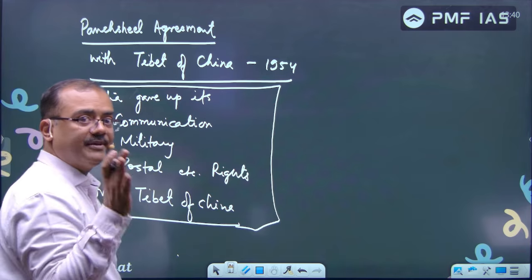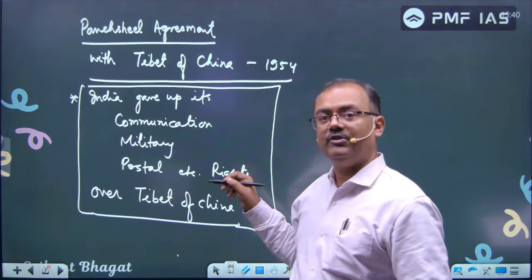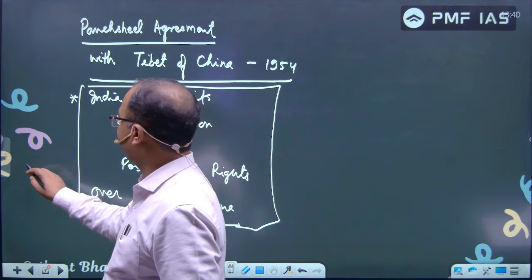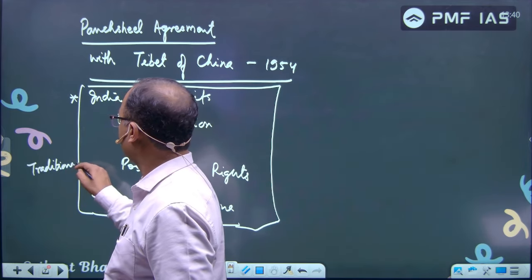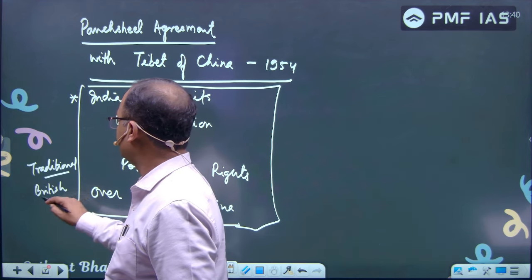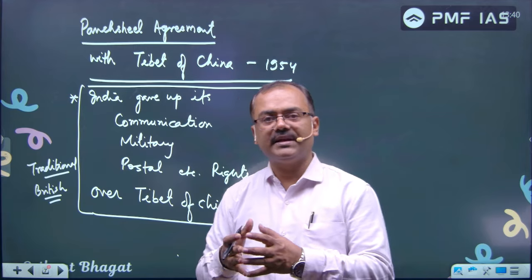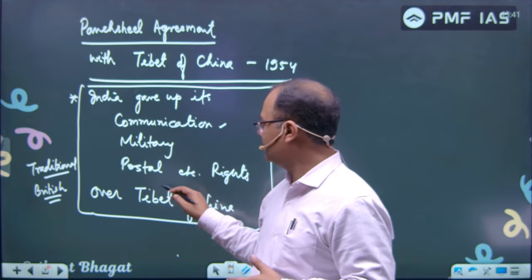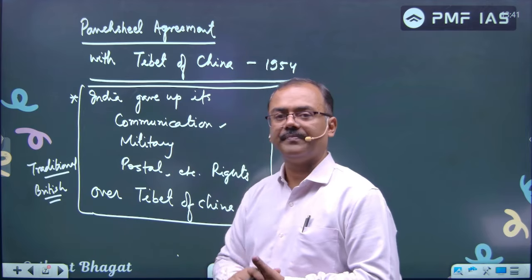Agreement was signed with Tibet of China. And these rights India had during the British period. It was traditionally India's right under British agreements. British laws had given India some connections on the military front, communication system, and postal system established between the two countries. India gave up.